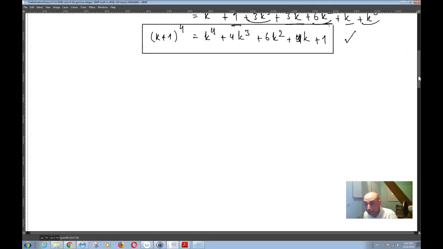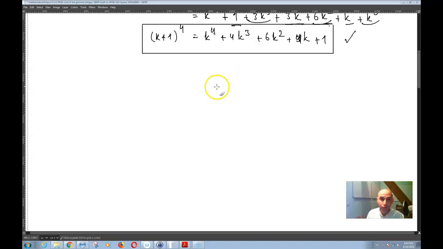Now if we put K equal to 1, 2, 3 all the way up to n, there is something we need to do first, otherwise things will be unnecessarily difficult.